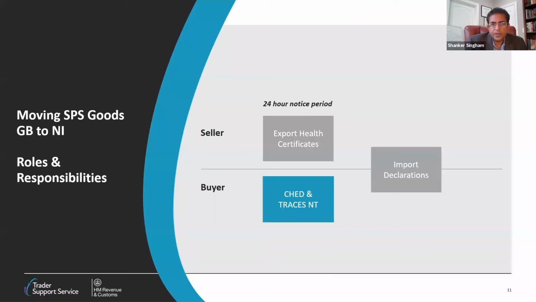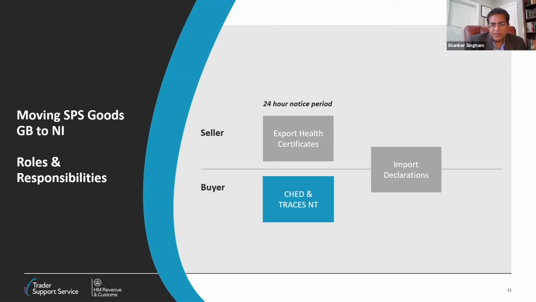Typically, when you are moving SPS goods GB to NI, the TSS, as Shonali said, doesn't raise these declarations or certificates for you. You have to do that yourselves. Typically, it is the seller who obtains the export health certificate that will be coming from DEFRA.